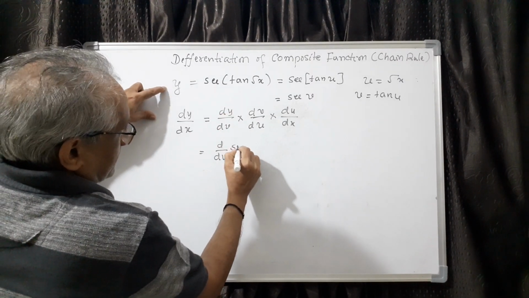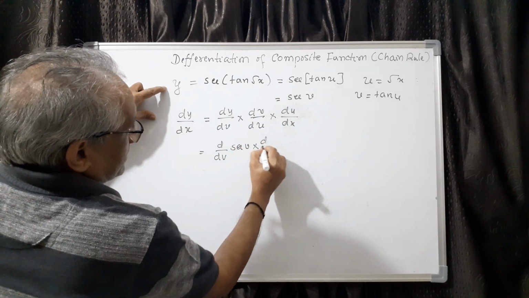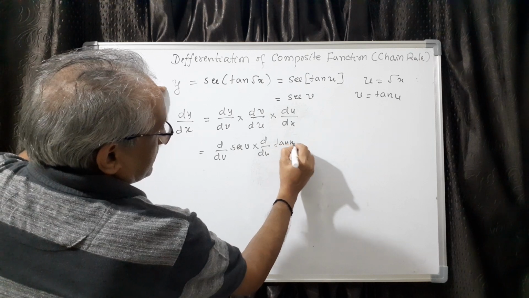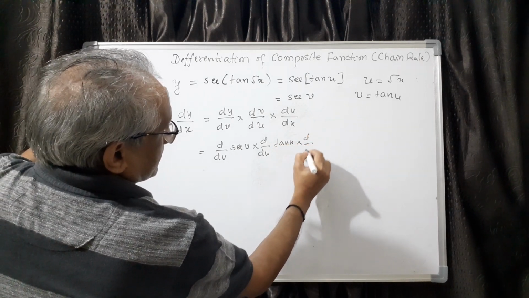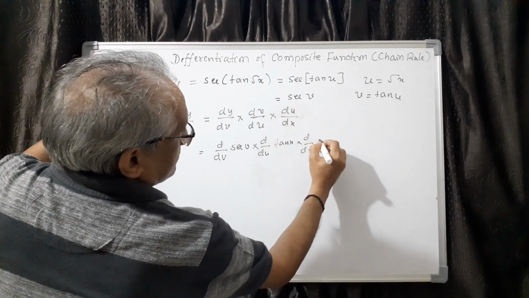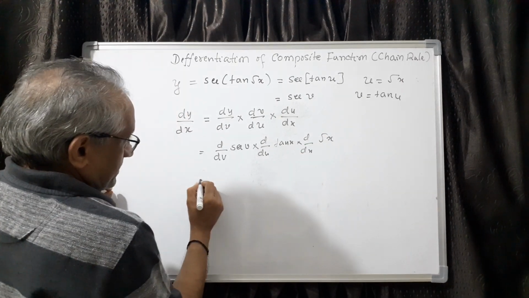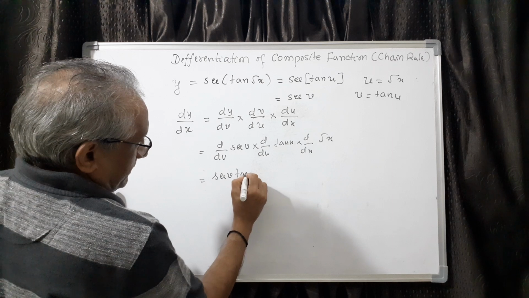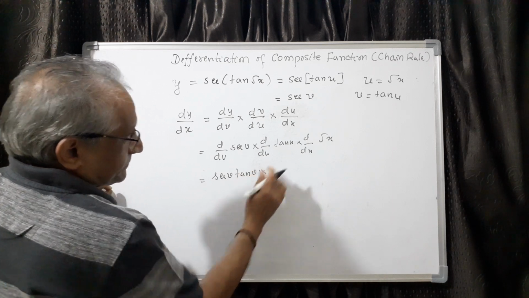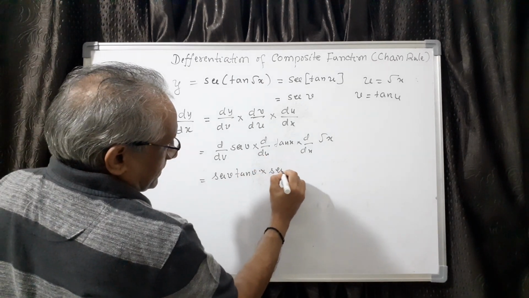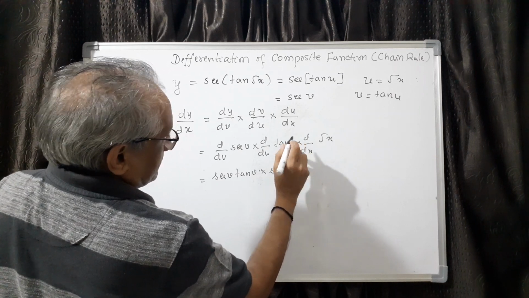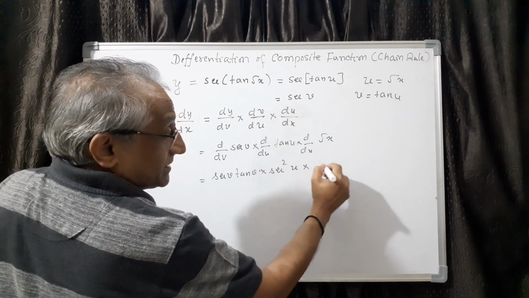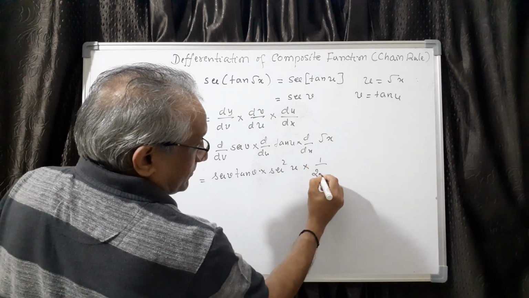Y is secant v into d by du of v is tan u into d by dx of u is root x. So this is now secant v tan v into this is secant square u into differentiation of root x is 1 by 2 root x.